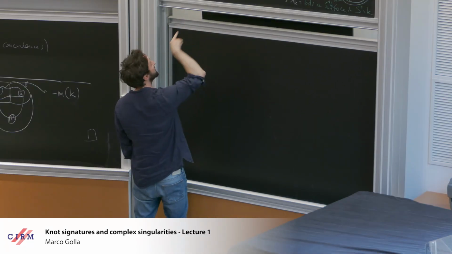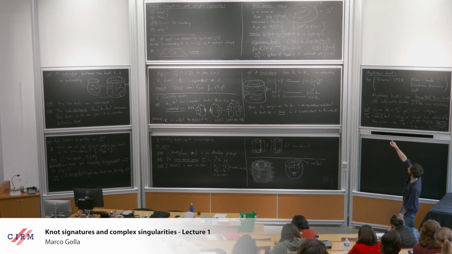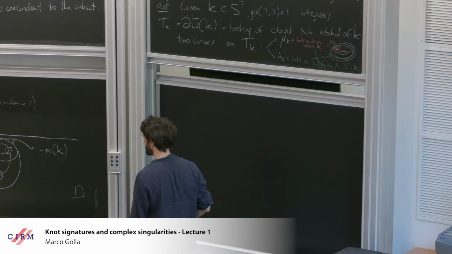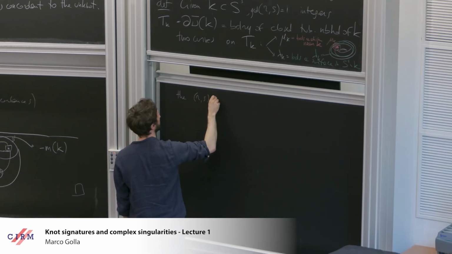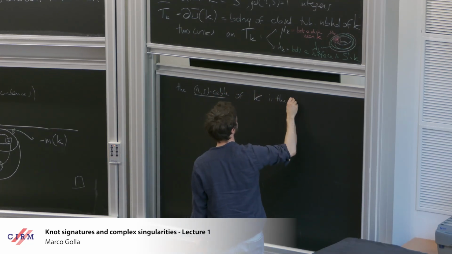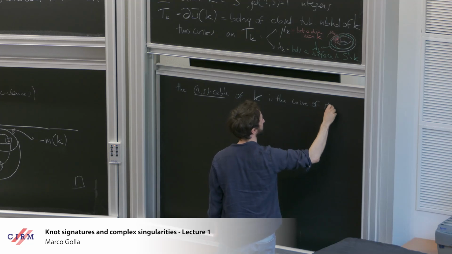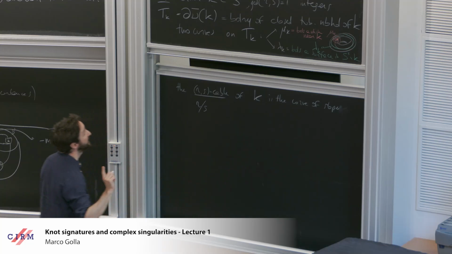And so this gives me a way of parameterizing the boundary. So it gives me a way of saying what a curve of slope R over S is. There's some extra care to be taken because their orientations did not matter so much. Here, I actually need orientations somehow. But again, I'm sweeping some things under the rug, but not too much. So the RS cable of K is the curve of slope R over S. Wait, now I need to be careful.